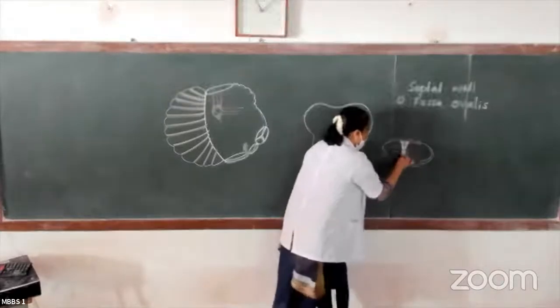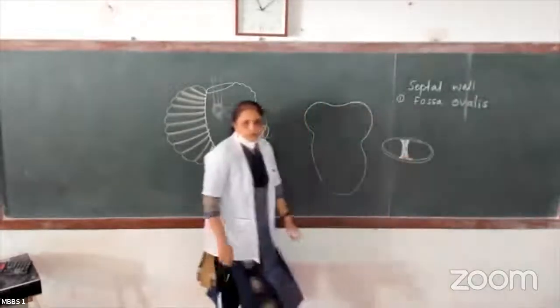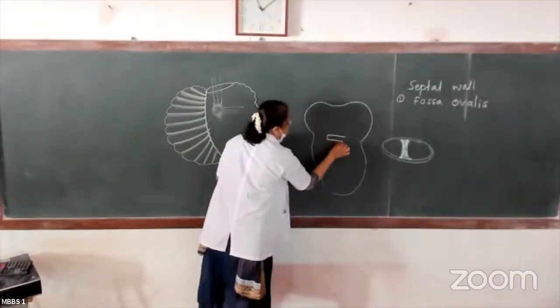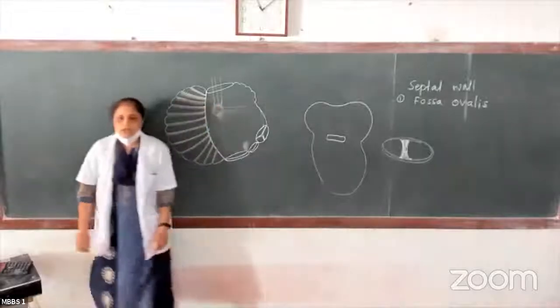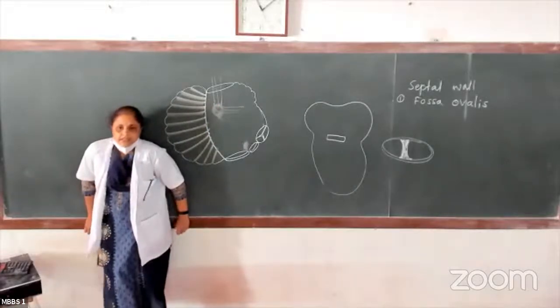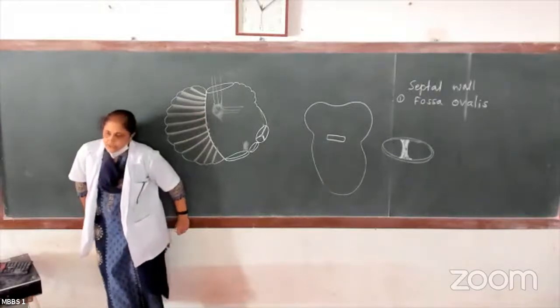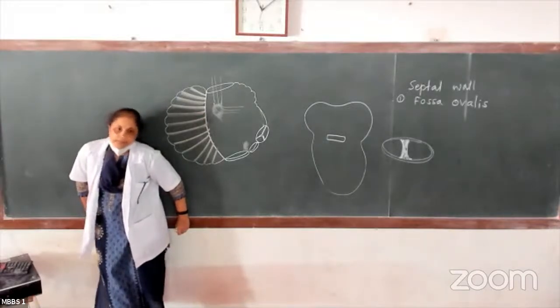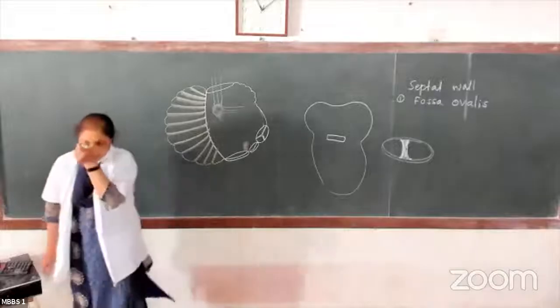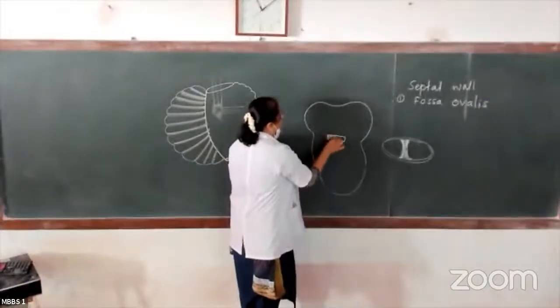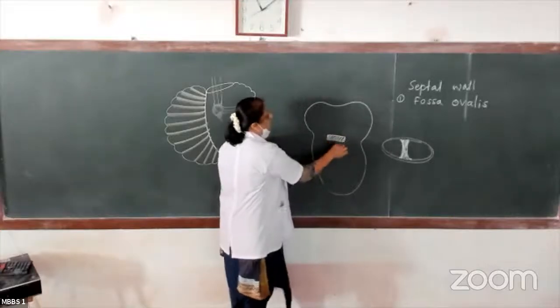Now this cushion-like structure, which is present here as a junction, is called the septum intermedium. This septum is situated between the atrial chamber and the ventricular chamber, and sometimes it is called the atrioventricular endocardial cushion.